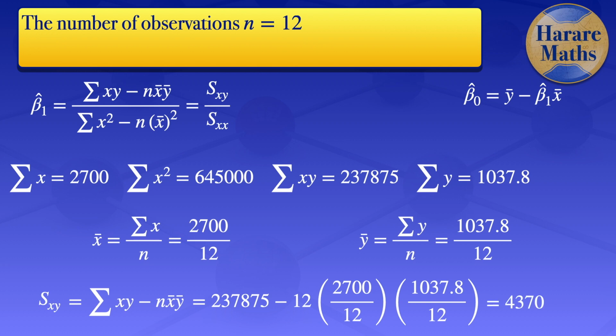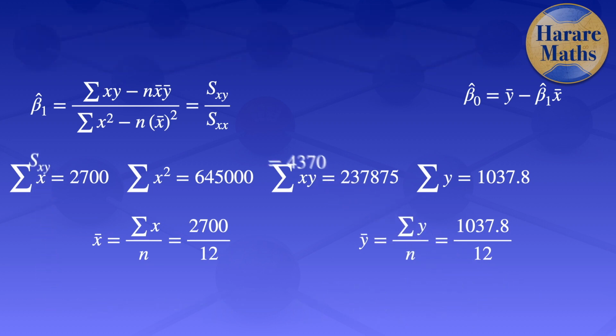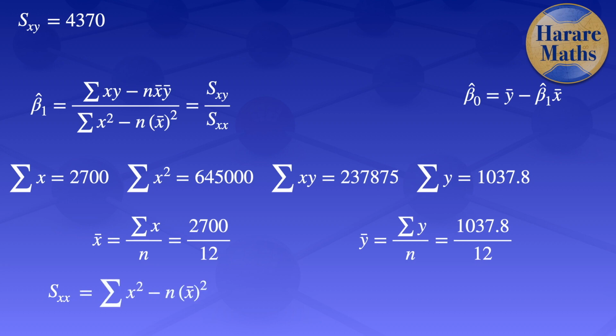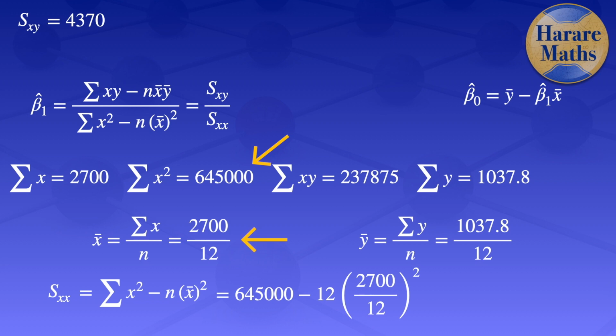and that will give us 4,370. So that's our sxy there, and I'll write it on top because I will need to use it. We now go on and calculate sxx. It's given by the formula: summation of x squared minus n times x bar squared. Substituting the values, we have 645,000 minus 12 times 2,700 divided by 12 squared, and the result there will be 37,500.